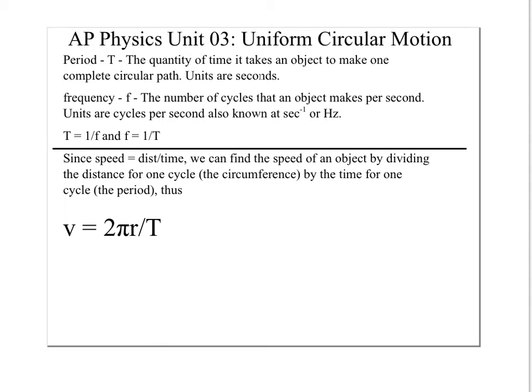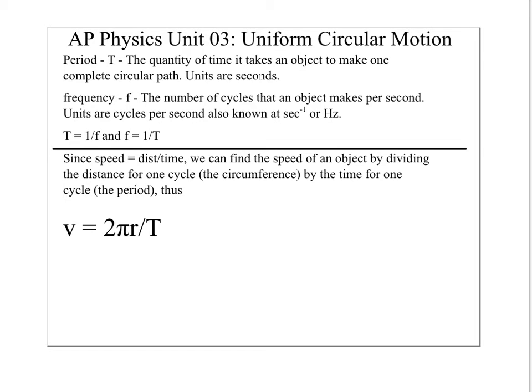Occasionally, a problem might give you the frequency, represented with a lowercase f, and this is the number of cycles that an object makes per second. This is the inverse of the period: the period is 1 over f, and the frequency is 1 over T, 1 over that period. Frequency is represented as per second, or second to the negative first, or the hertz.